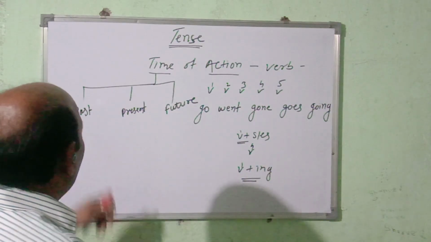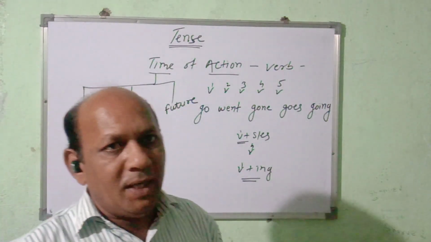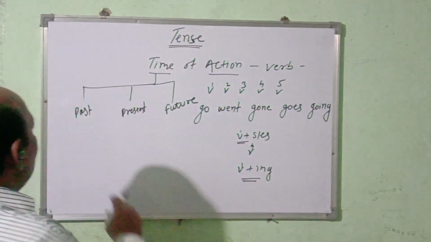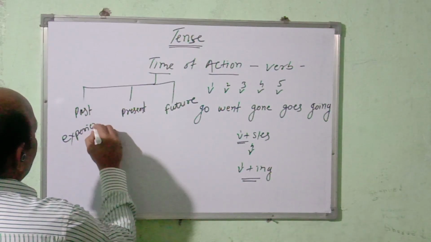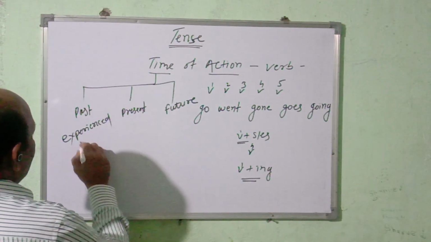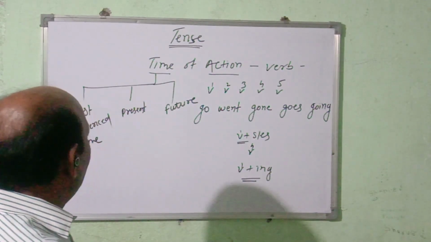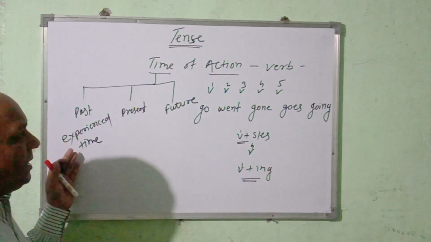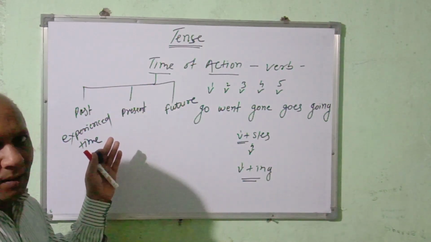Past means the event or moment which we have experienced. It is called the past time, experience time. When we are talking about the past tense, we are talking about our experience which we have taken.